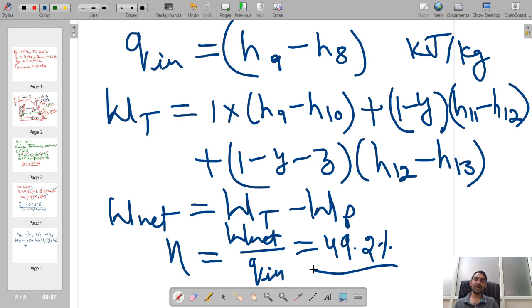If you follow the steps one by one, you will be able to get all the things. Also this is one of the complicated questions I have taken over here. Why? Because I thought that if I do this question in the class, then it will clear all your doubts and this will be the most general problem. So obviously when you determine all the values of enthalpy and solve each and every point, this problem will take time.